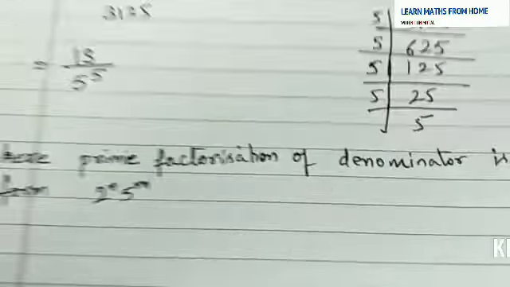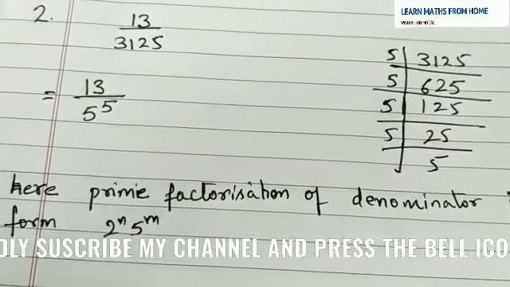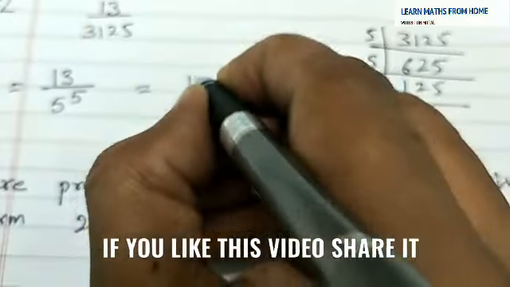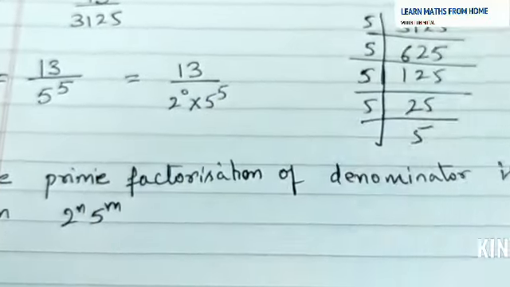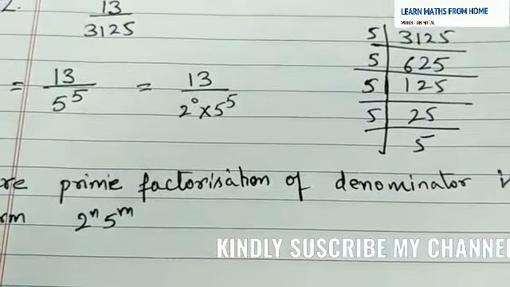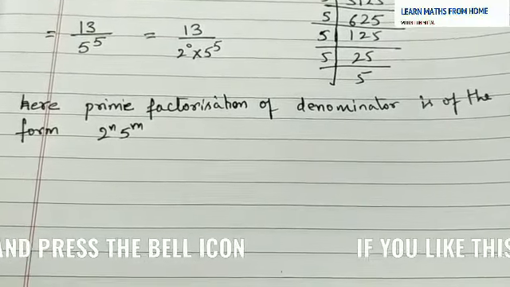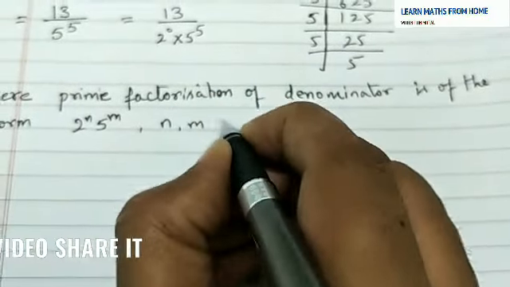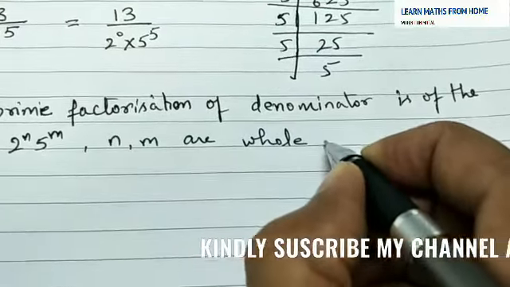As 2 is not there in the denominator prime factorization, it means it must be 2 raised to power 0. We need not show it, and if you show it, there is no harm. You can write here 13 over 2 raised to power 0 into 5 raised to power 5, because anything raised to power 0 is 1. So the prime factorization of the denominator is of the form 2 raised to power n into 5 raised to power m, and n and m are whole numbers. You can write whole numbers, no negative integers.